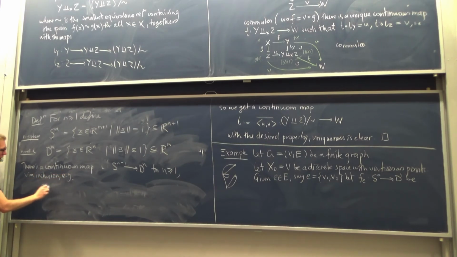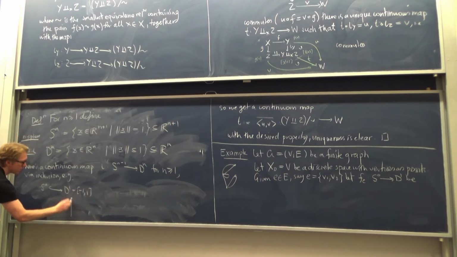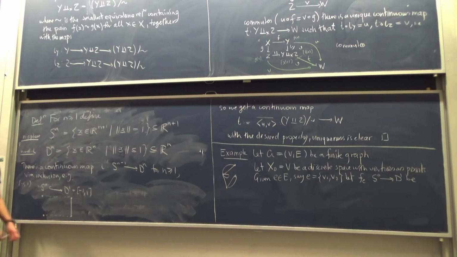So for instance, S^0 sitting inside D^1. Well, what's D^1? That's all the points in R^1 whose norm is less than or equal to 1. So that's just the interval between -1 and 1. And S^0 is just the points -1 and 1. And then this map is just the map which sits the endpoints of the interval inside the interval itself.